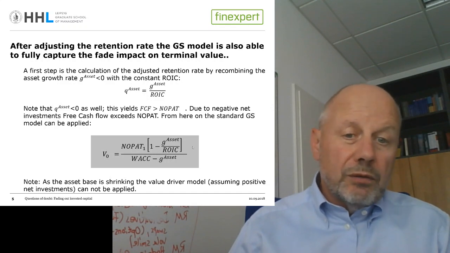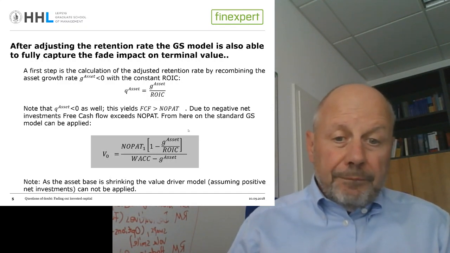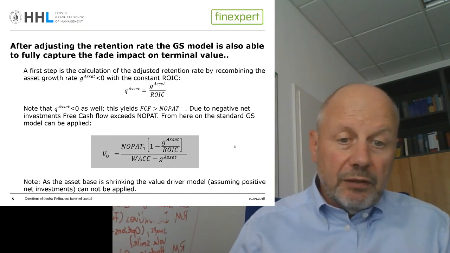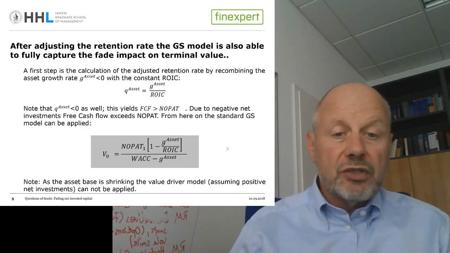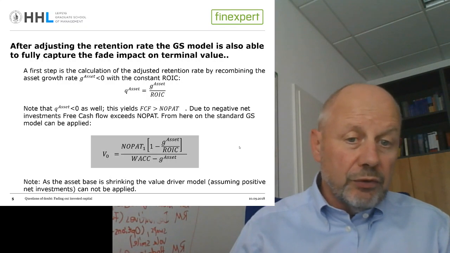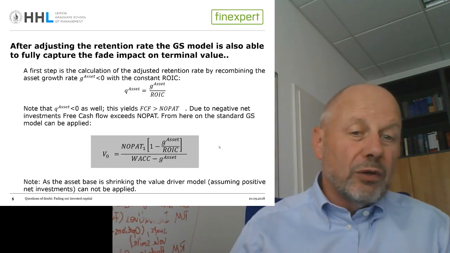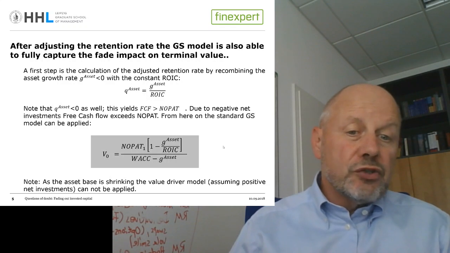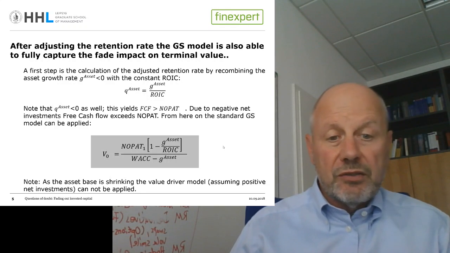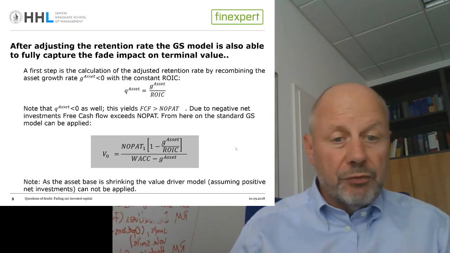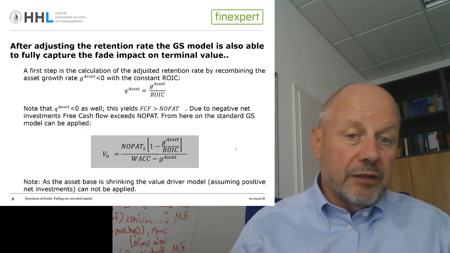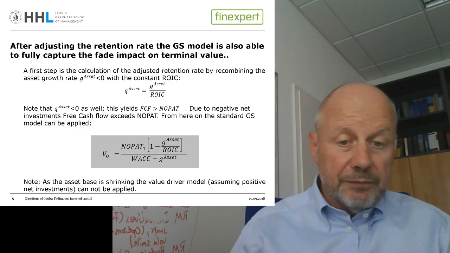Note that this equation requires the Gordon-Shapiro model to be applied, whereas the value driver model, which just assumes that the growth rate is driven only by the rate of return on the newly acquired assets, is no longer applicable. The reason is that a shrinking asset base means that we have negative net investments, and our value driver model always implies and assumes positive net investments, that is a Q that is greater than 0.